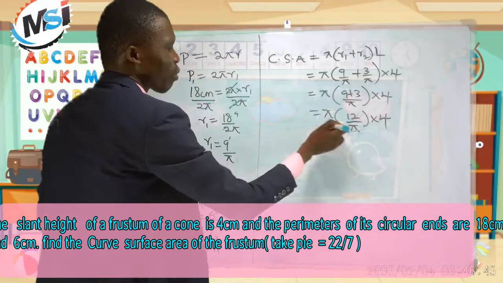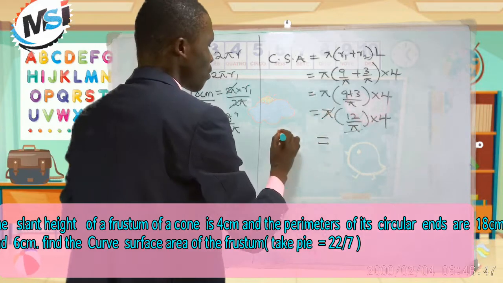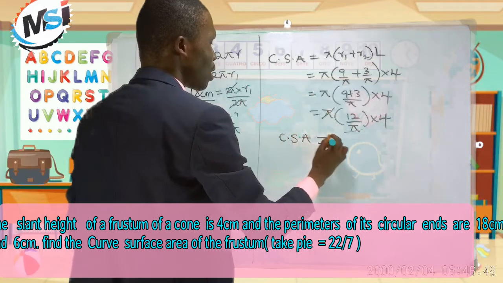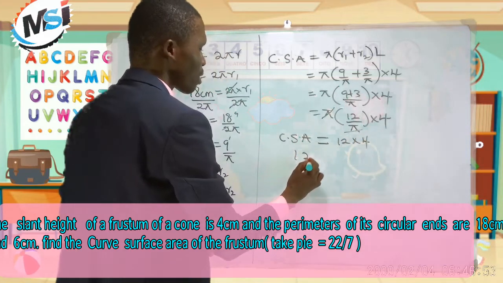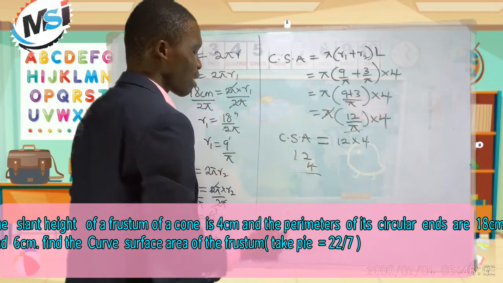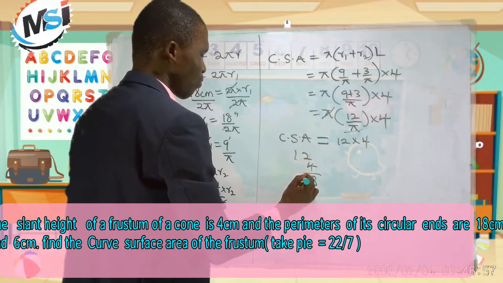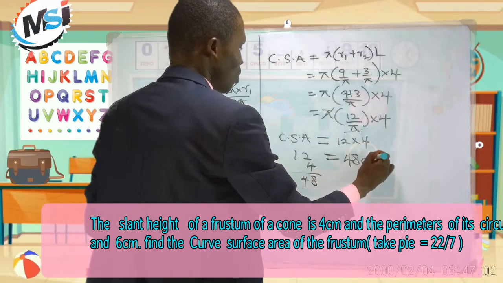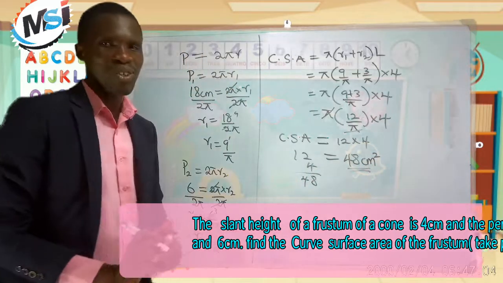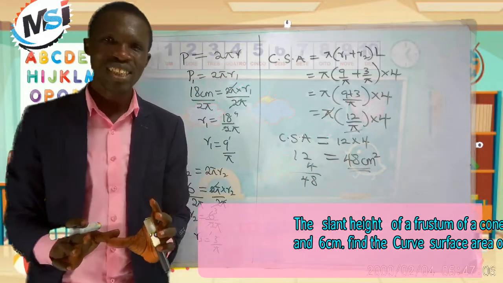This pi will cancel this pi. Curved surface area will give us 12 times 4, which will give us 48 centimeter square. I believe you understand, and this is not hard, right?